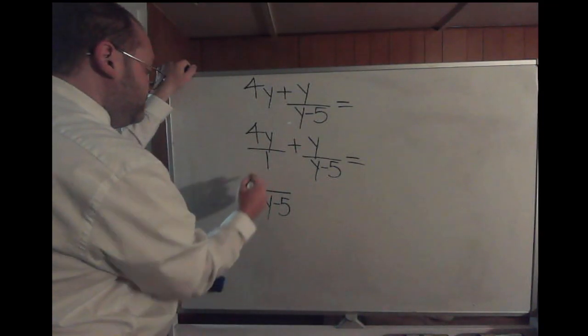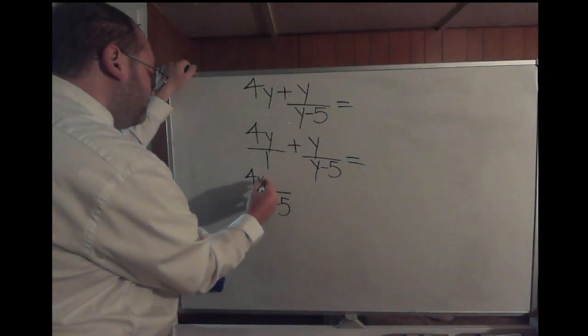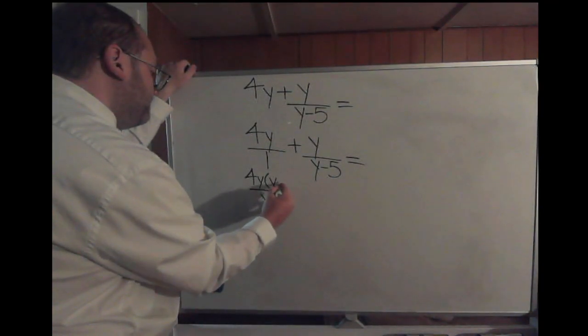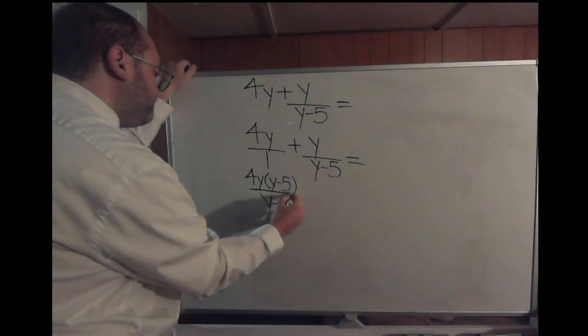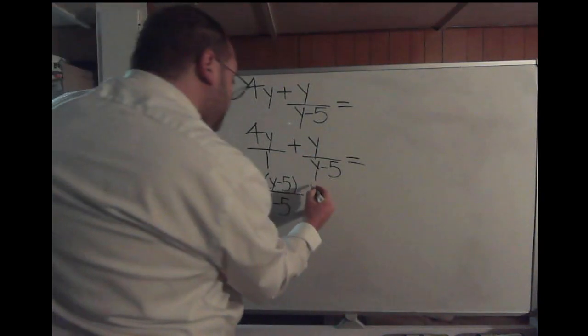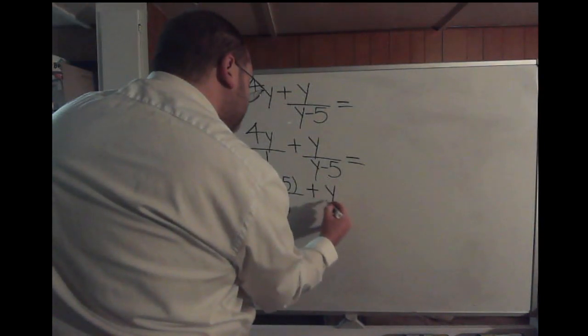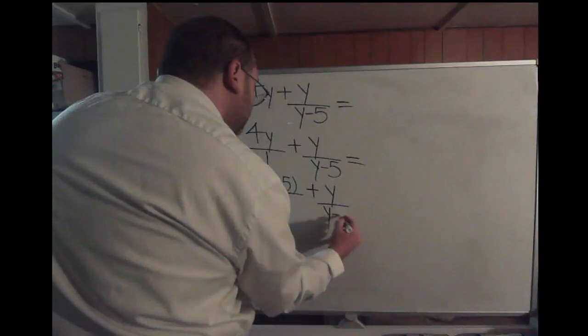But you have to do it to the numerator too, so you'll take that 4y and multiply it by y minus 5. Then your second term, the y over y minus 5, already has the least common denominator, so we can leave that alone.